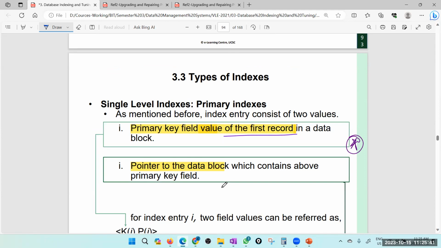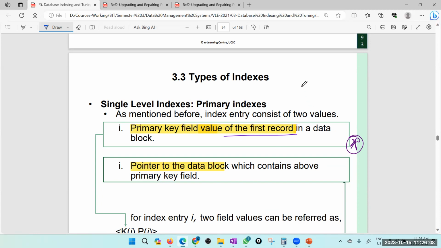We will look in more detail at how these indexes are organized, and we have to do some calculations, especially when it comes to access time. We need to calculate the time taken to access a particular record if you are using a primary index, a secondary index, or a clustering index, and the additional storage, and so on.